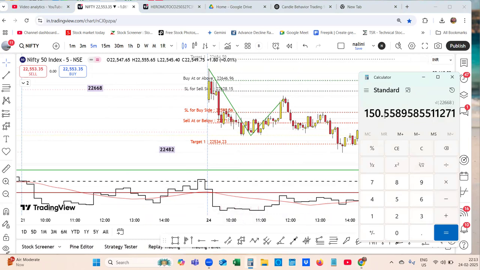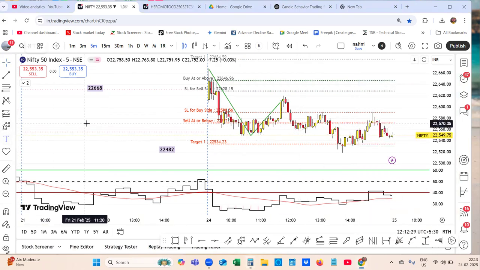Then you need to convert the price to the angle. For converting the angle, 45 degree is the Gann angle base. Out of 180, you divide 45 by 180. Let me write down the base price, 150.55.